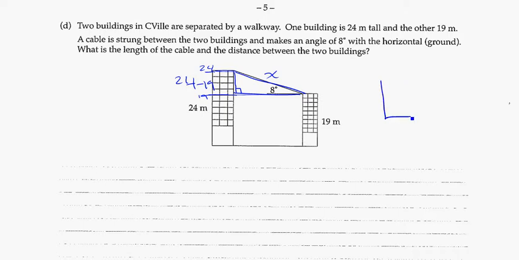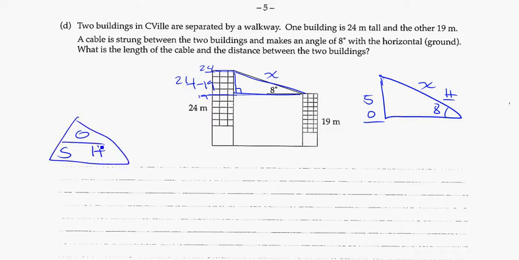So we're actually dealing with a right angle triangle that looks like this, 8 degrees, a length of 5, and we're looking for x. So we have the opposite and the hypotenuse in this case, meaning we're going to use sine. We're looking for the hypotenuse, so x is equal to the opposite, 5, divided by sine.